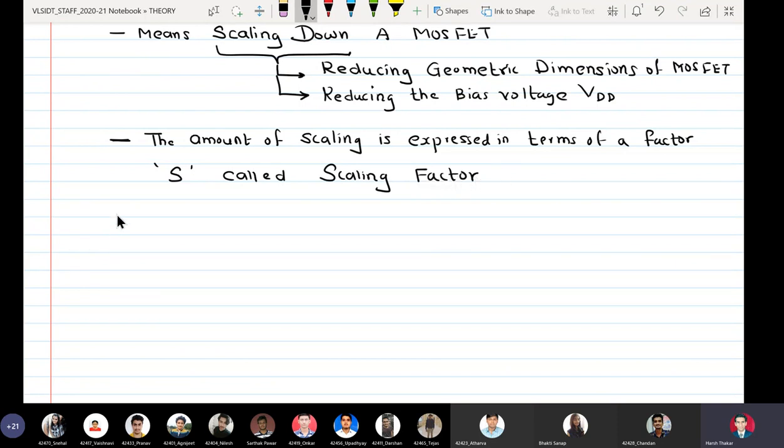Okay, and the important thing is that the scaling factor is always greater than 1. Okay, it's always greater than 1.